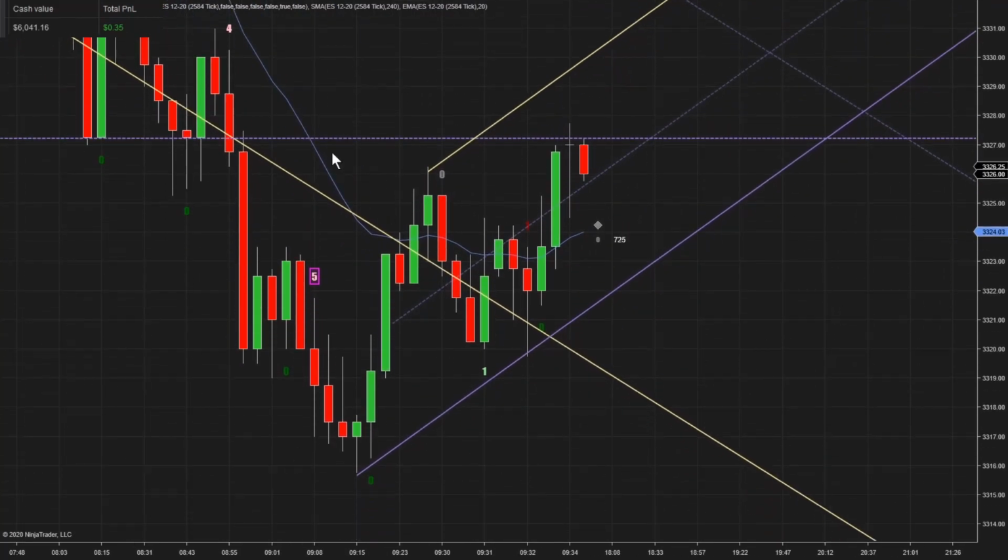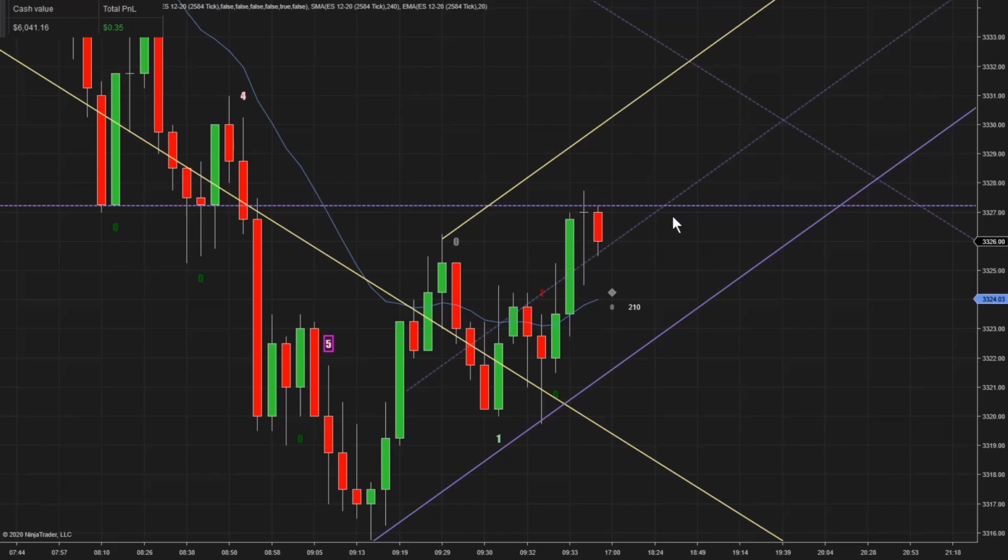So we came back, pierced through it, and now we're coming back up, retesting this gap. Used to be support, now we're going to check if it is acting as resistance. Inside bar.